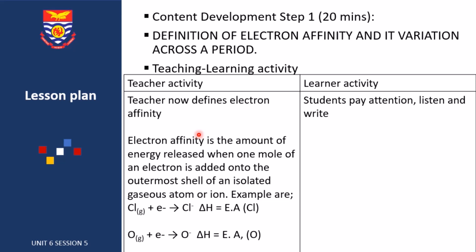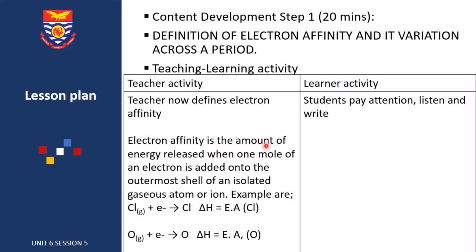What is the teacher activity under this development? Teacher now defines electron affinity. So as you are defining, what should students do? Students are to pay attention, listen, and write the definition that you are giving to the students.